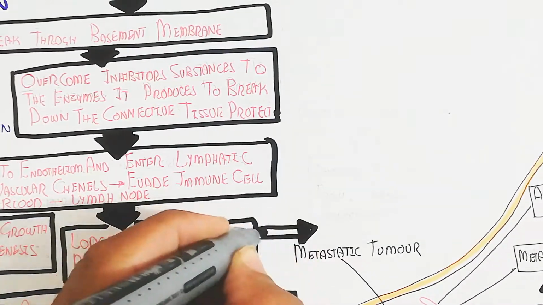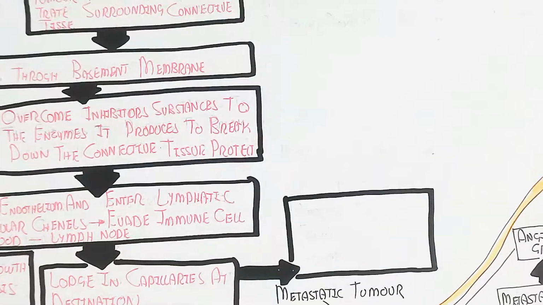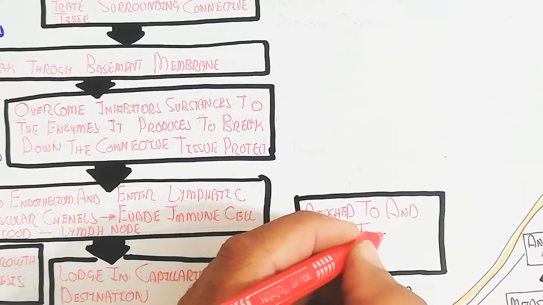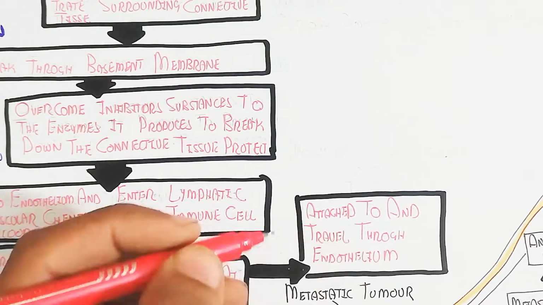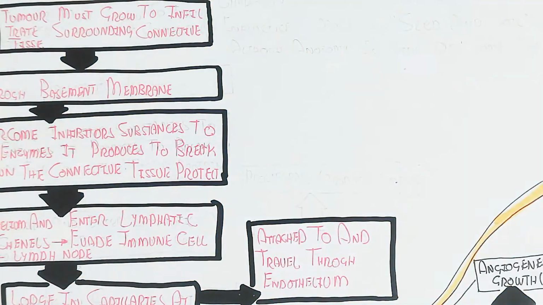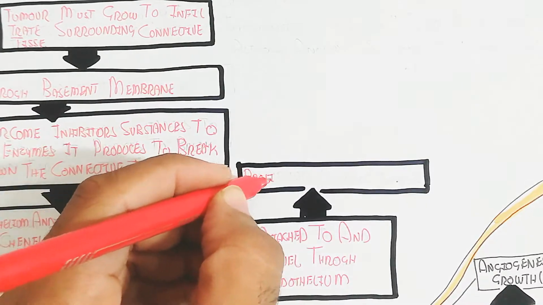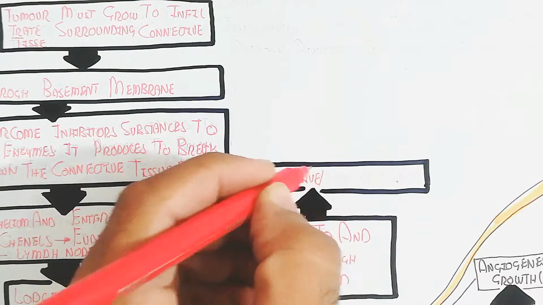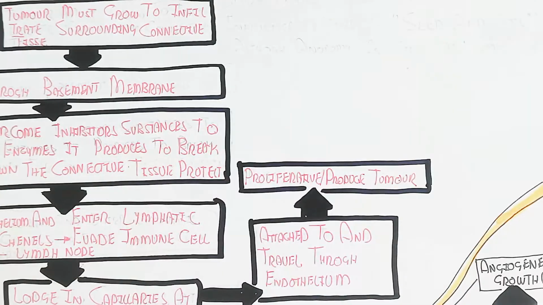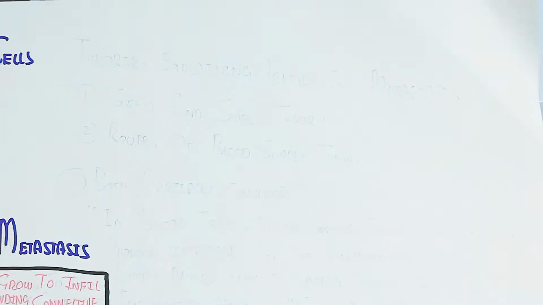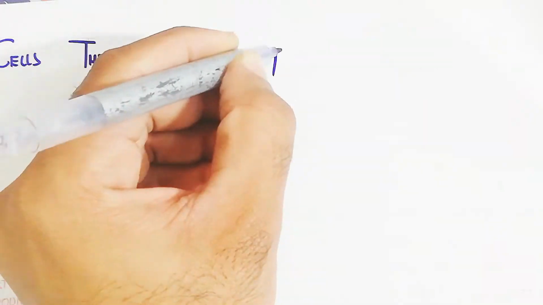Anyhow, lodging in capillaries at the destination leads to attachment to and travel through the endothelium. After this, the cells proliferate and produce a tumor again. In this way, the expansion of metastasis stage 4 will occur, leading to cancer throughout the body and damage to the body. In this manner, you can understand that stage 4 of cancer is known as metastasis.